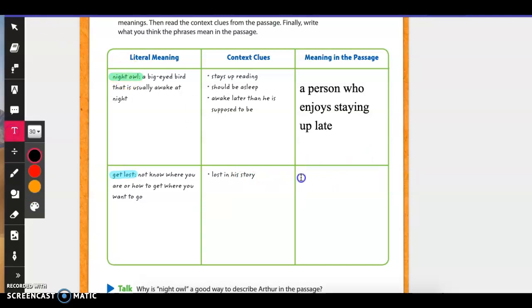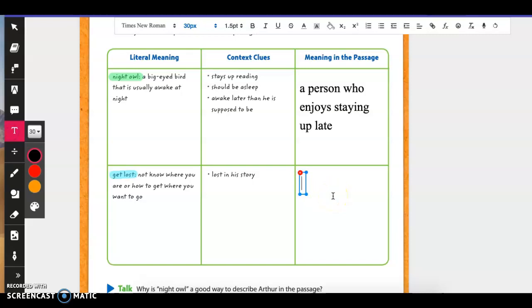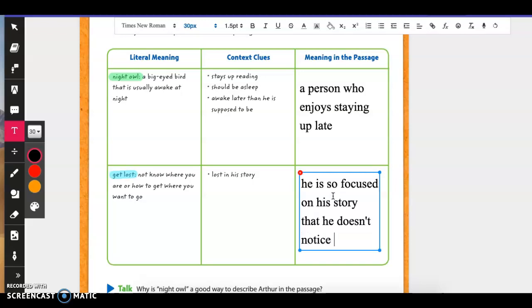The non-literal meaning is he is so focused on his story that he doesn't notice anything else. Go ahead and pause your video here and make sure you fill out your chart exactly the way I have it.